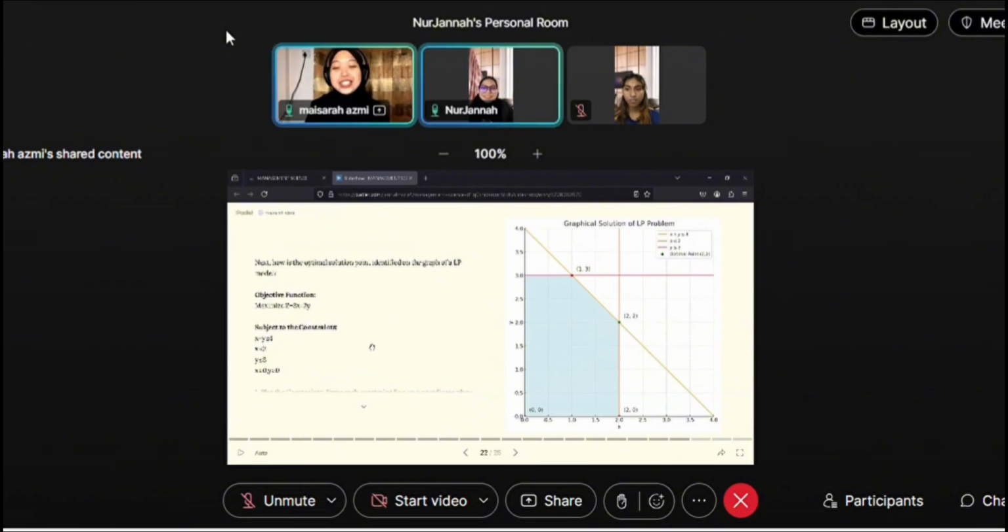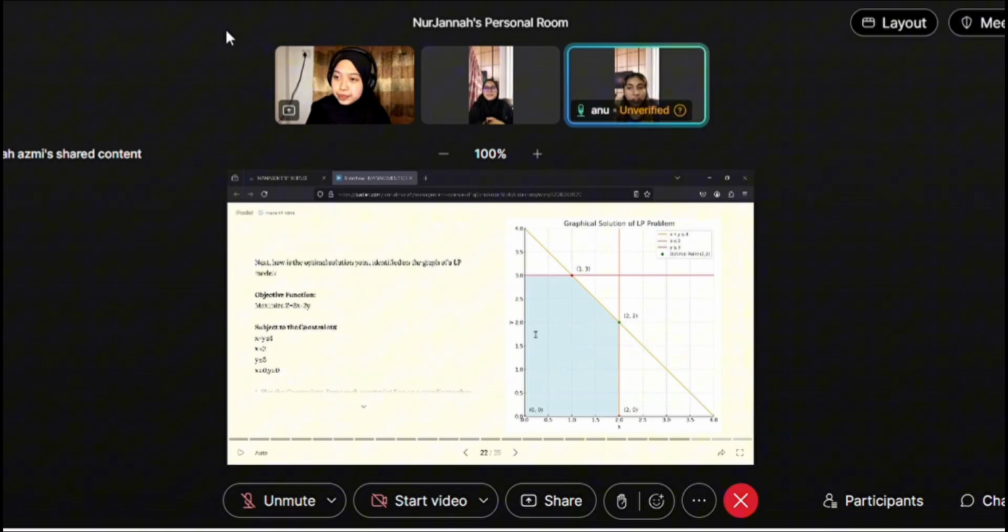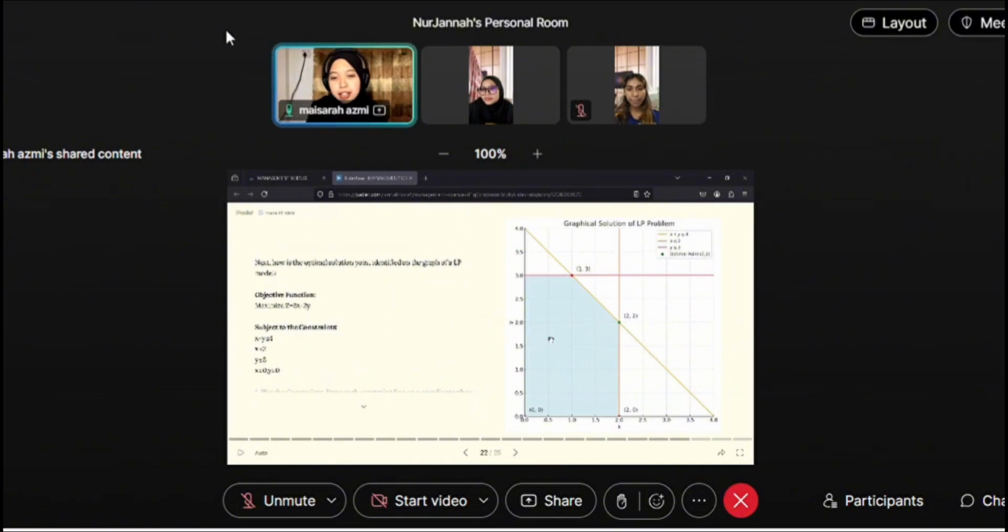The value of z is 11 at the point x = 3 and y = 1. So this is our optimal solution. We just check each corner point to find the maximum and minimum. This method is known as the corner point theorem, and it guarantees that the optimal solution for an LP problem will be at one of the vertices of the feasible region.